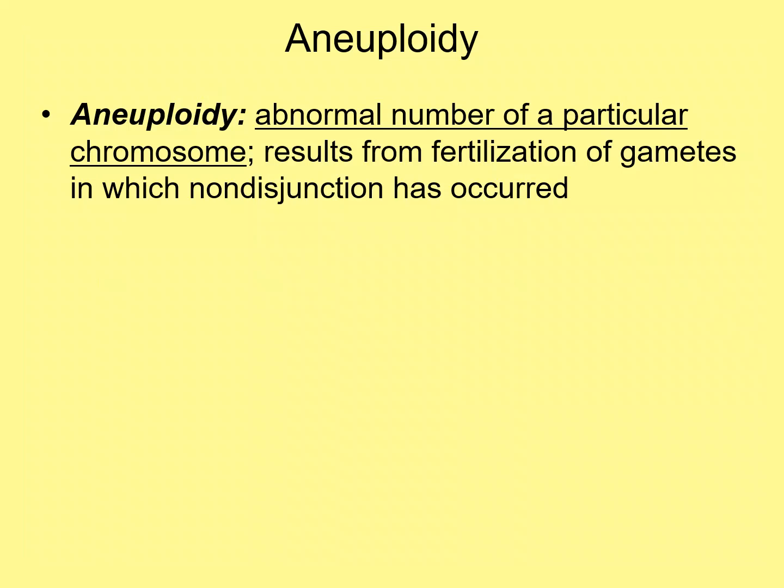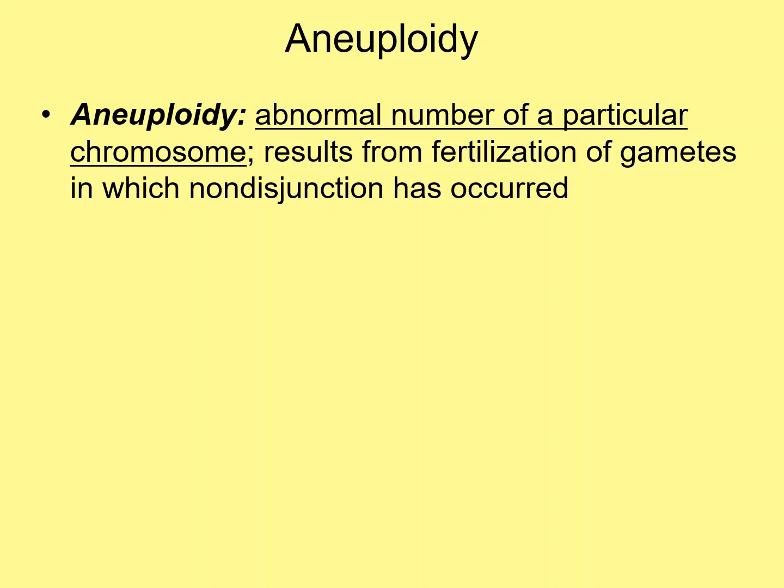So assuming that it's not a fatal outcome, you may end up with an individual that has an odd number of chromosomes, typically for just one particular chromosome. We're not talking about whole extra copies; we have another term for that. Aneuploidy refers to an individual who has one extra chromosome or is missing a particular chromosome.